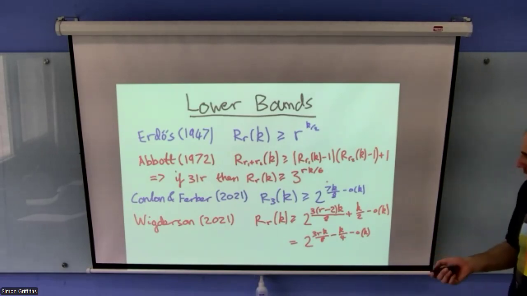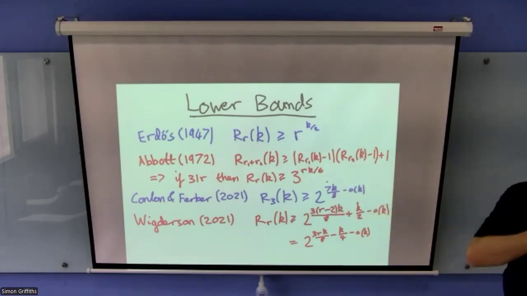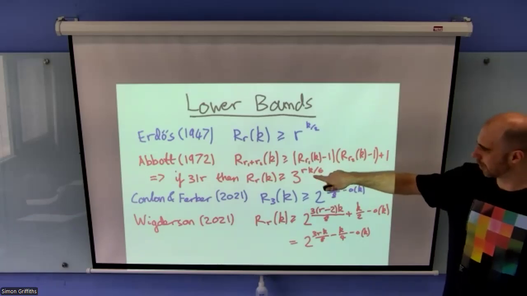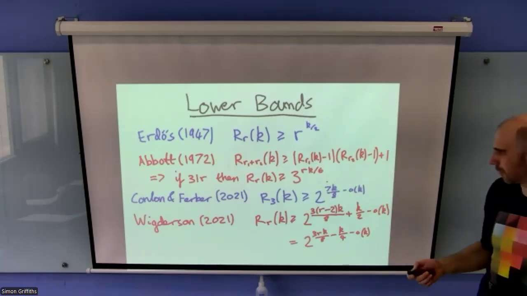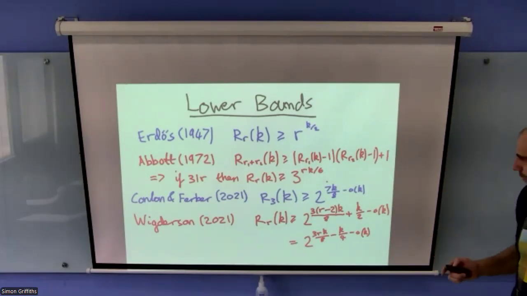Basically, when k is larger, this is giving you a better bound than Abbott's, even if you use Abbott's with the new Conlon-Ferber bound, because once you've got a better bound here, it gives you a better bound for all larger r using Abbott. But even so, Wigderson's bound is an improvement.